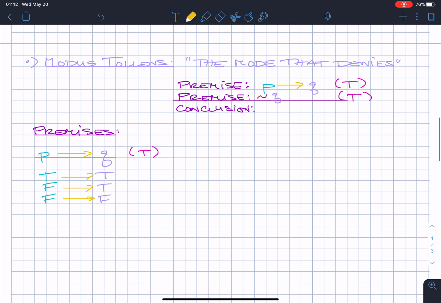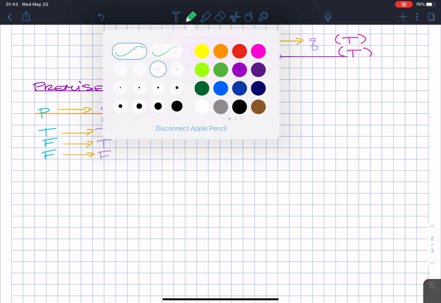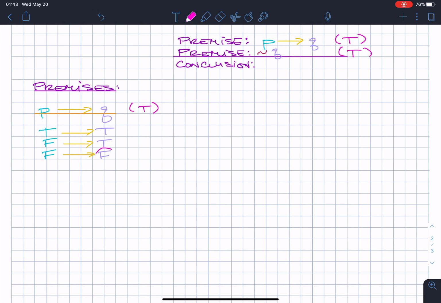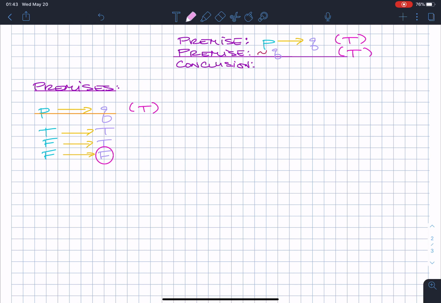But we also know not Q is true, which means that Q must be false. In order for not Q to be true, regular Q must be false. Well, there's only one of those. So what can I conclude? I can conclude that P must be false.